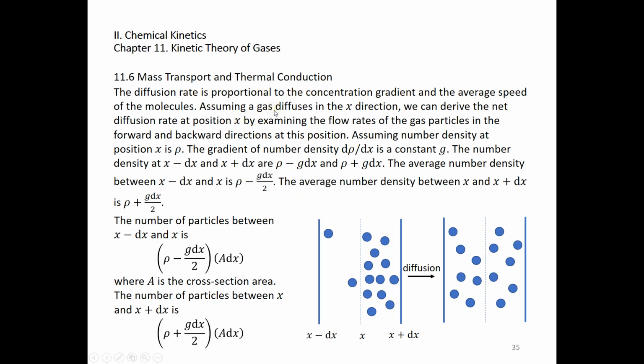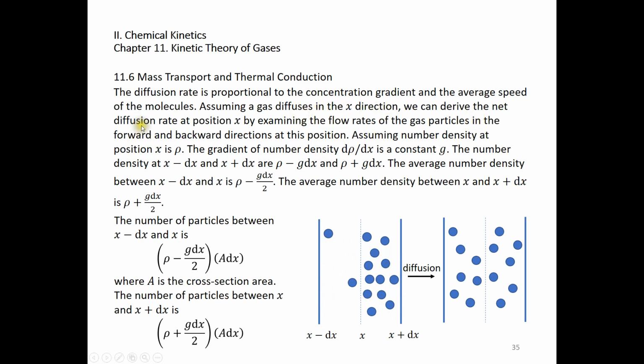Assuming a gas diffuses in the x direction, we're going to see some net diffusion from left to right. At the end, we should have a homogeneous concentration distribution like this. But at first, let's assume we have a concentration gradient: a lower concentration on the left and a higher concentration on the right.